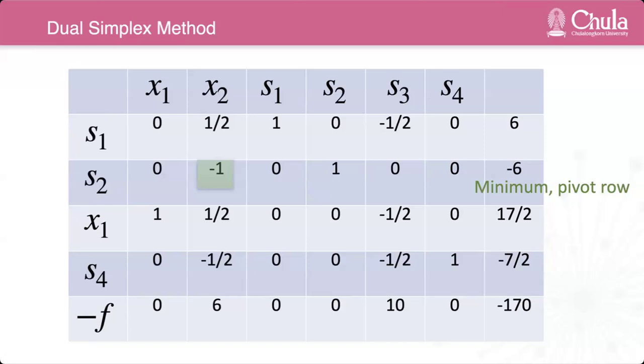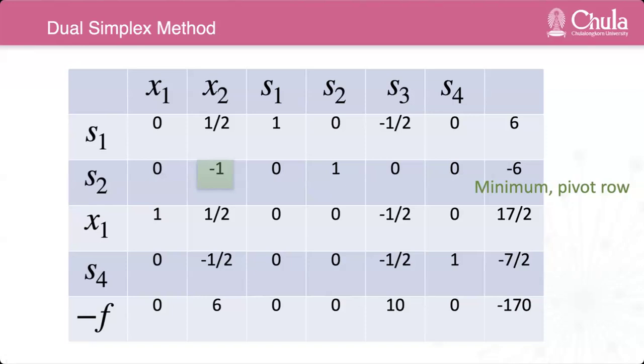We still have negative on the right-hand side. We find the most negative, the minimum one. This is minus 6. This is the minimum one. Okay? This row is the pivot row. And you find this row, C over minus A. Yes, and A must be negative.